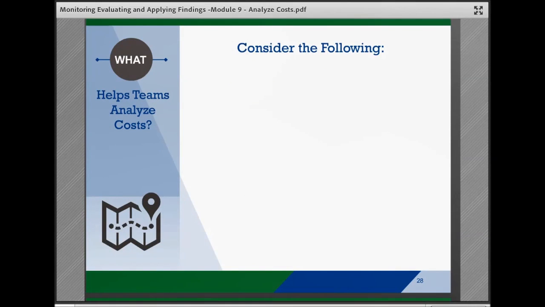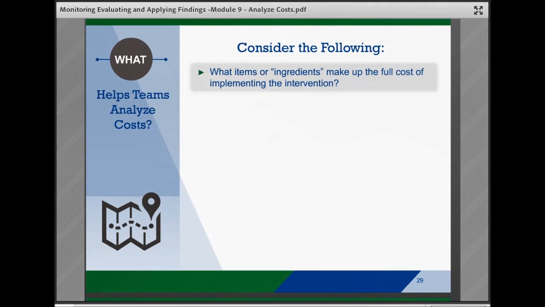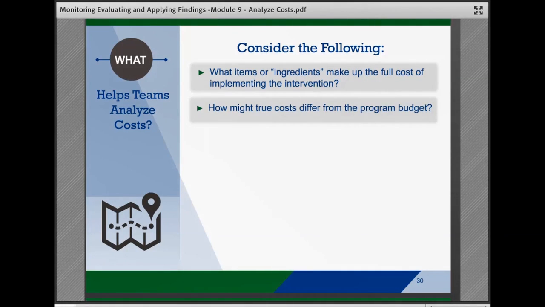Teams should consider the following key questions when engaging in cost analysis work. What items or ingredients make up the full cost of implementing the intervention? How might true costs differ from the program budget? For example, the inclusion of volunteer hours or shared indirect costs.